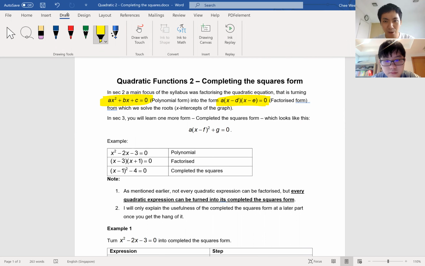How the b and c would look in terms of d and e, I cannot predict for sure. Here you have one more form, the completed the squares form. You need to be fluent in all 3 and be able to move between them, and you need to know the pros and cons of each of the 3 when it comes to sketching graphs.